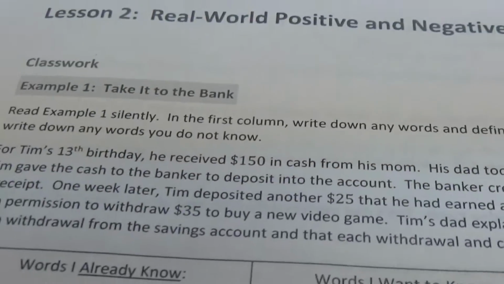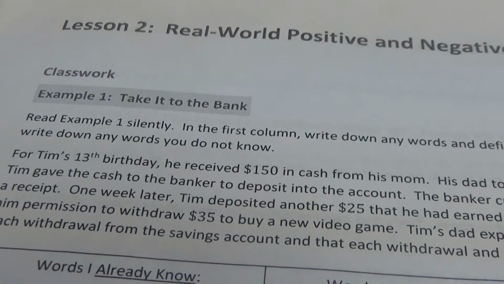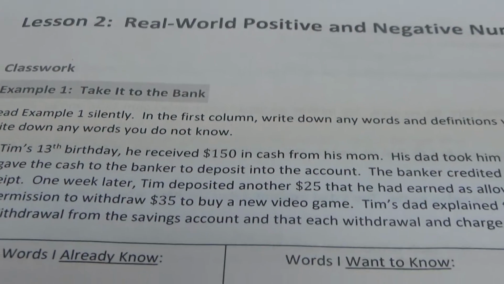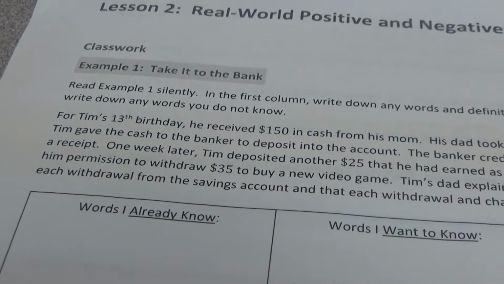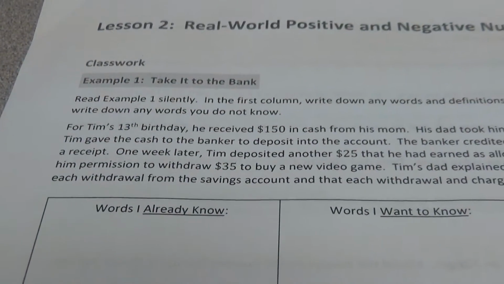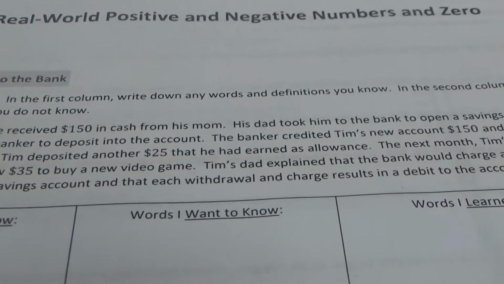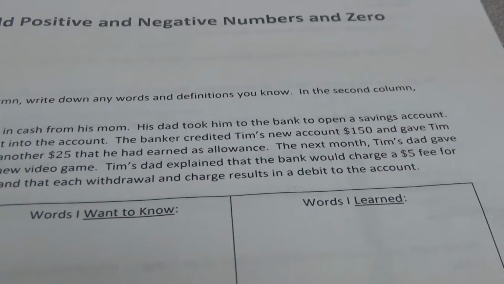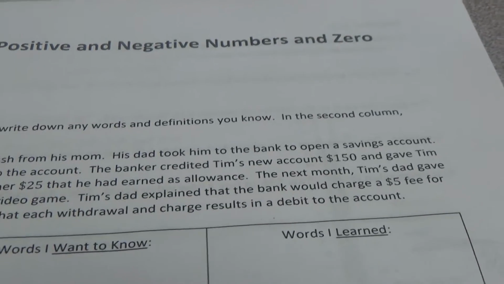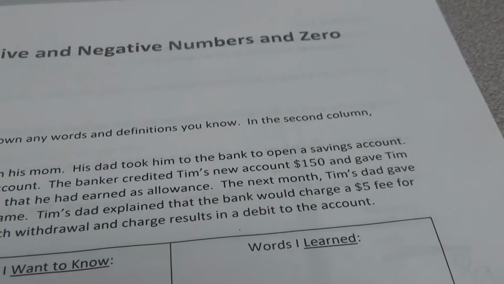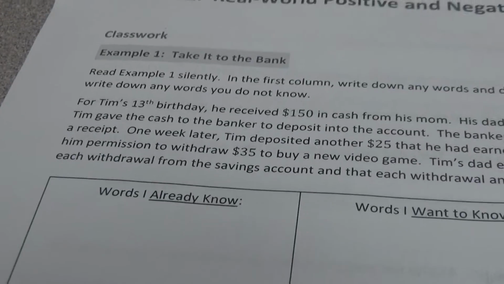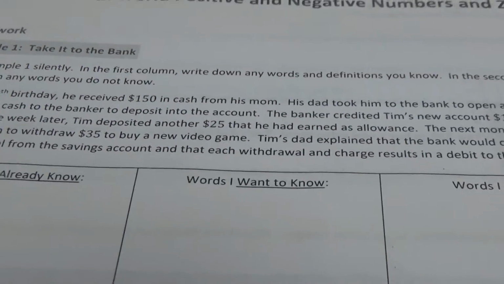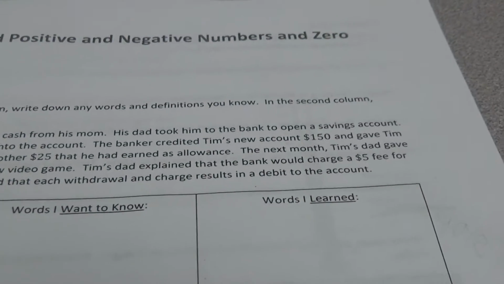Okay, it says, for Tim's 13th birthday, he received $150 in cash from his mom. His dad took him to the bank to open a savings account. Tim gave the cash to the banker to deposit into the account. The banker credited Tim's new account $150 and gave Tim a receipt. 1 week later, Tim deposited another $25 that he had earned as allowance.